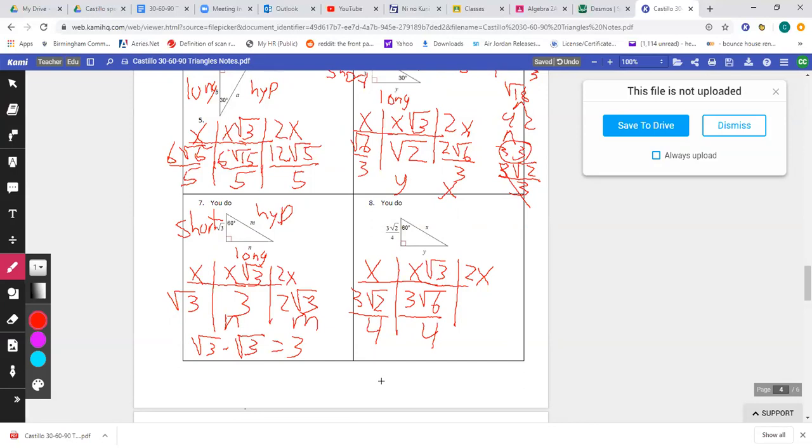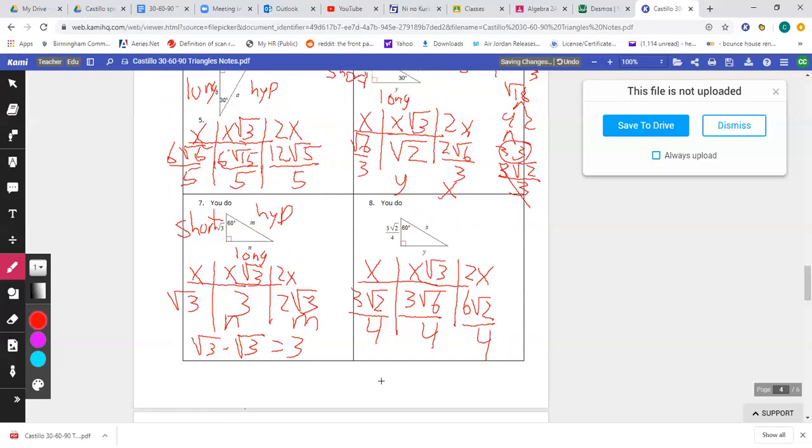Did everyone see how I got that one? All you do is just multiply by √3. So √2 times √3 is √6. And then to get the last one, I just multiply the first one by 2. So this would be 6 √2 over 4.